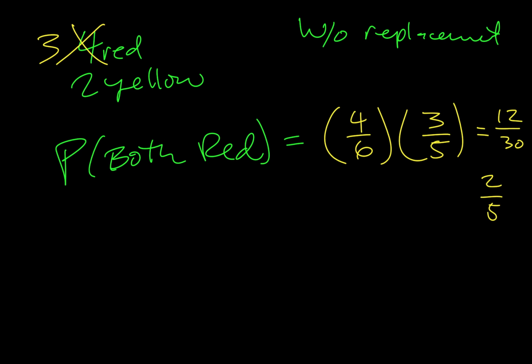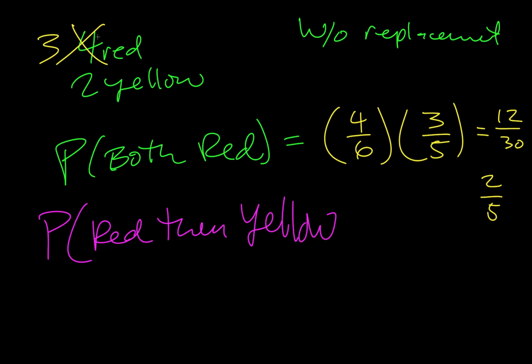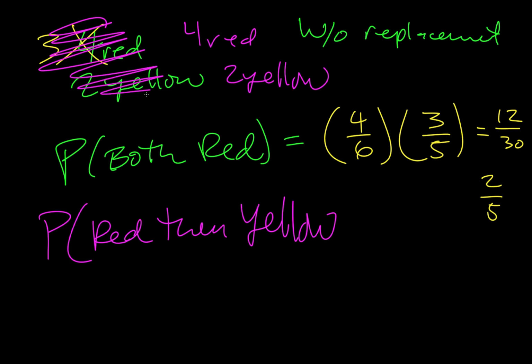The next thing we want to look at: the first is red, the second is yellow. So red, then yellow. We had 4 red, 2 yellow to start off with. The probability of red on the first one is 4 out of 6.